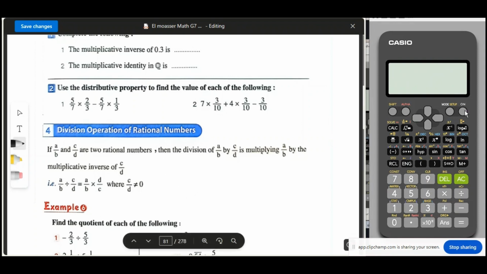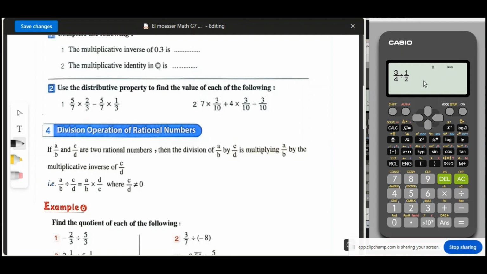So guys, I type it like this: 3 over 4 divided by 1 over 2. It's impossible to divide a fraction by a fraction directly.